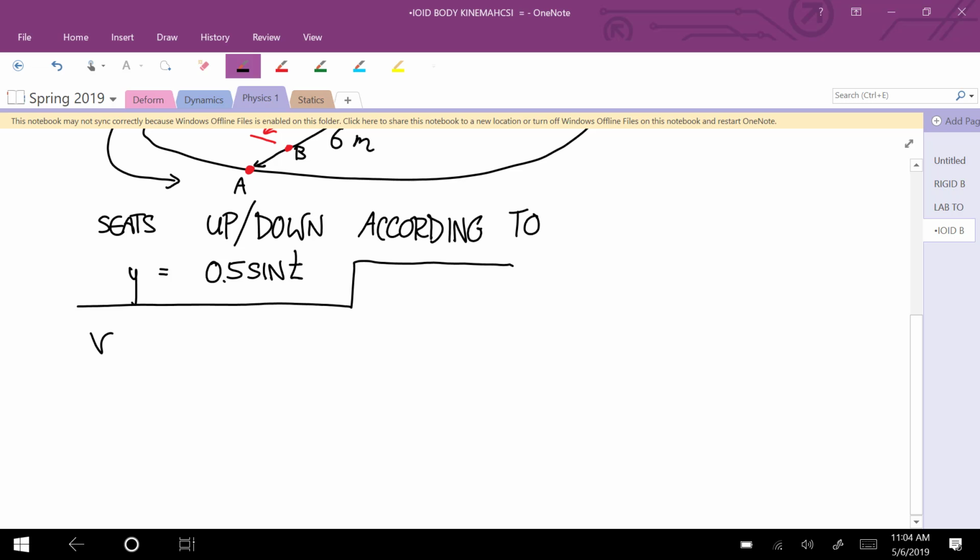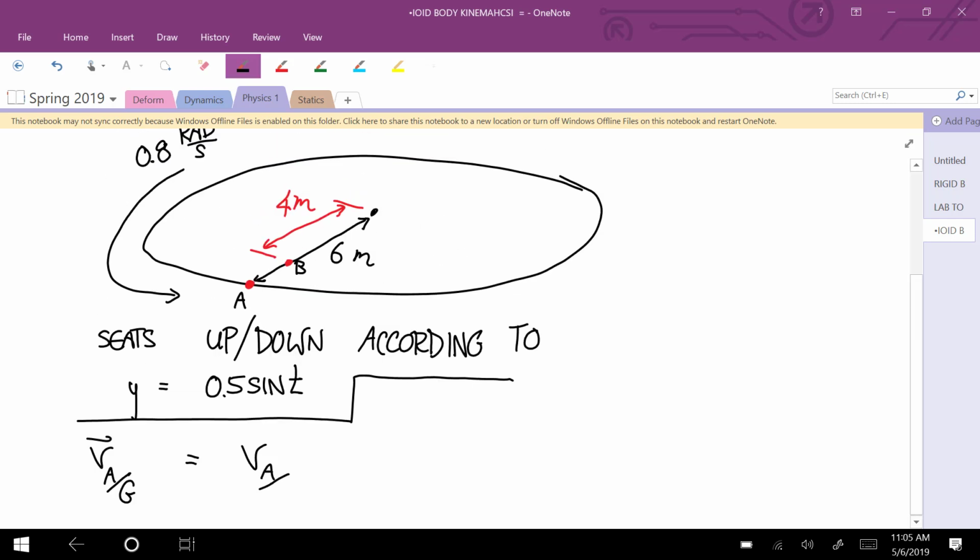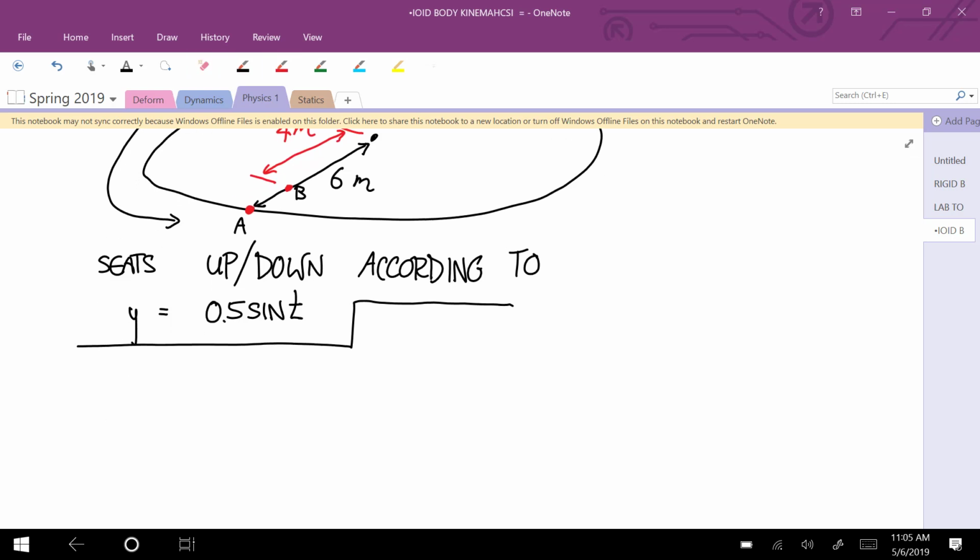So let's say that first we're looking at the kid sitting at the point A. To figure out the velocity of the kid who's going up and down above that point A, the velocity of the kid relative to the ground is what we're looking for.